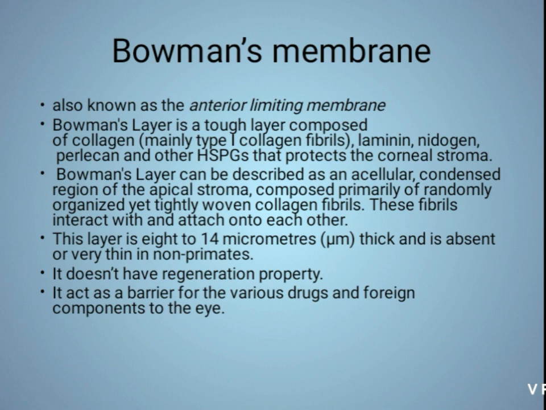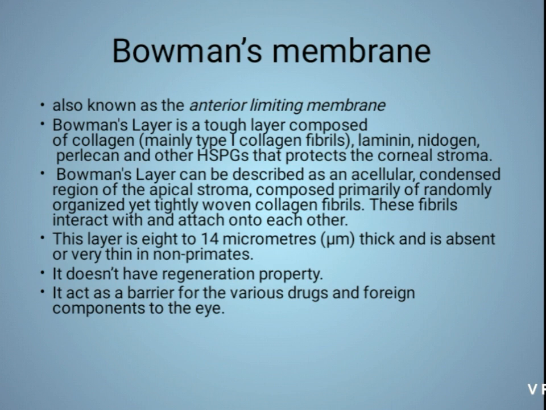It is composed of collagen fibrils. These fibrils are so tightly bound to each other and attached in a particular fashion. This layer is about 8 to 14 micrometers thick, and it is absent in some primates and non-primates, but as you all know, humans come under primates, so we have this layer in our eyes.